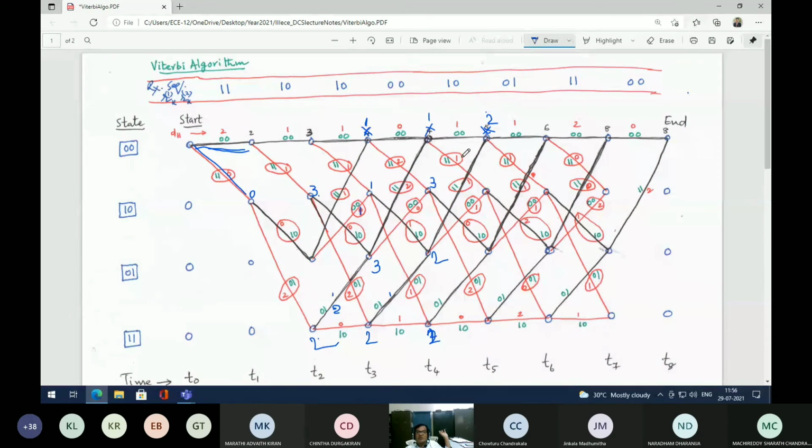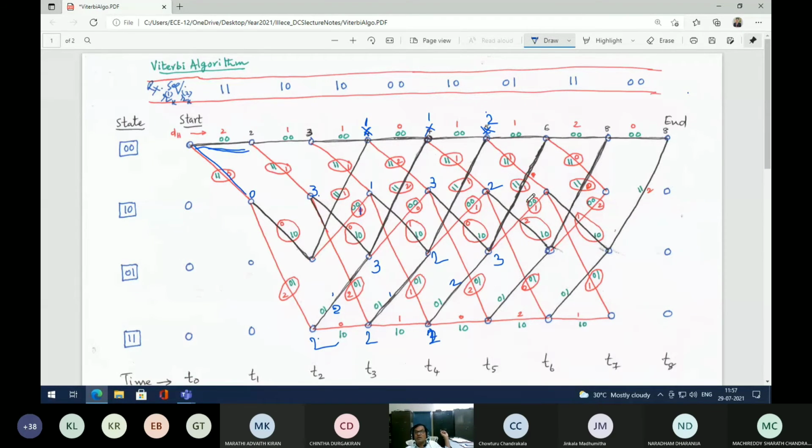And here it is 1 plus 1, 2. 2 plus 1, 3 here. I don't write it here, 2. And here again I write 0. This 3 plus 0 is 3. And here it is 2 plus this. I think this one is 0, 1, 1, 0. It is going to be 2. So 2 plus 2, 4. It becomes 4. No, you write 3 here.